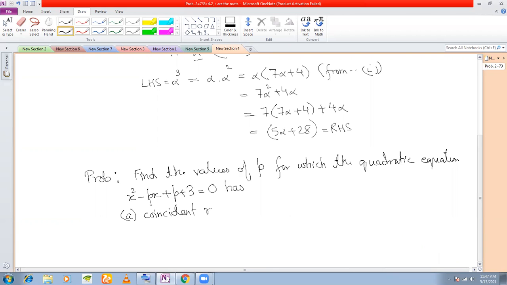This question is relating to the nature of roots. Next question is real distinct roots. Third question is one positive and one negative root.